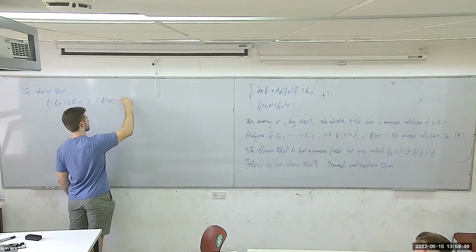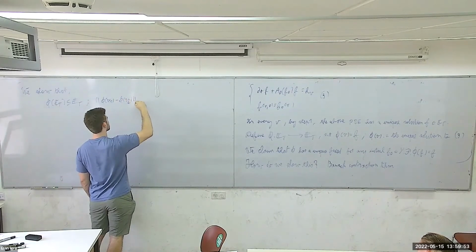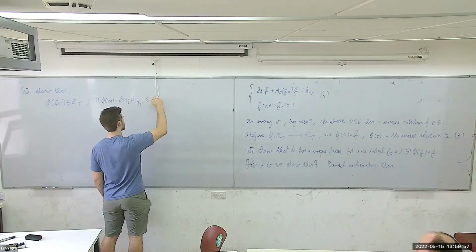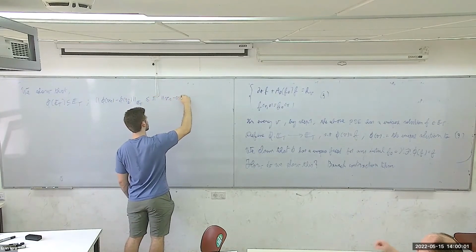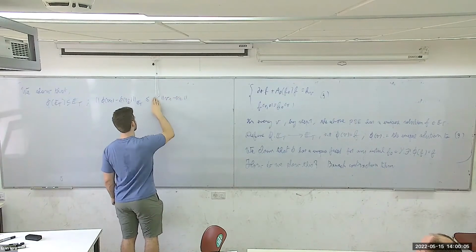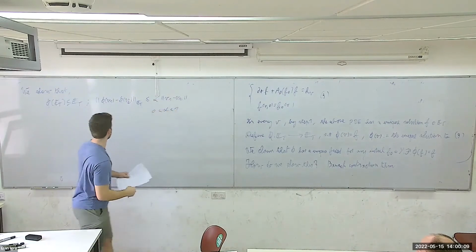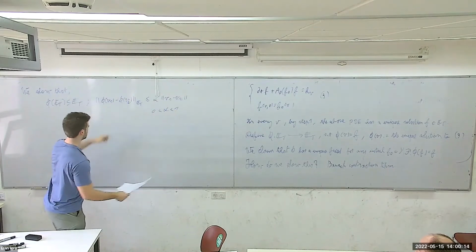This is the Banach contraction theorem: if you satisfy these two properties, then there is a unique solution.